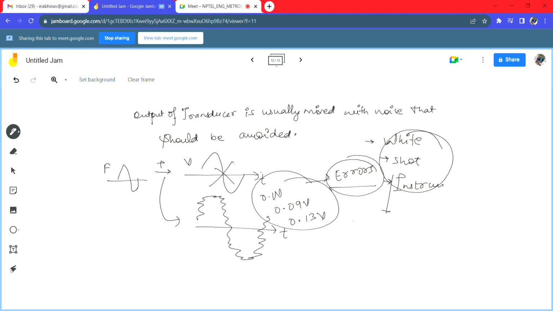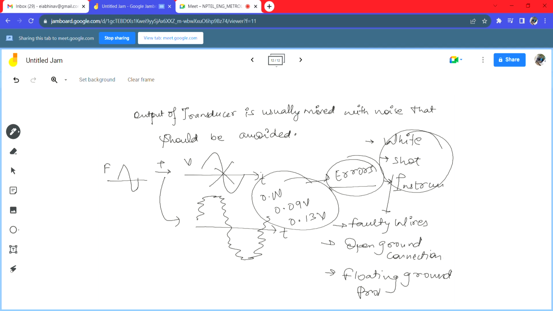This can be generated because of faulty wires, open ground connections, floating ground problems, and so on and so forth.